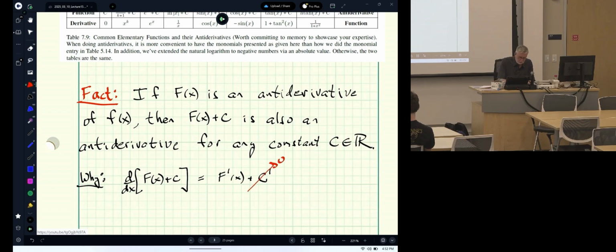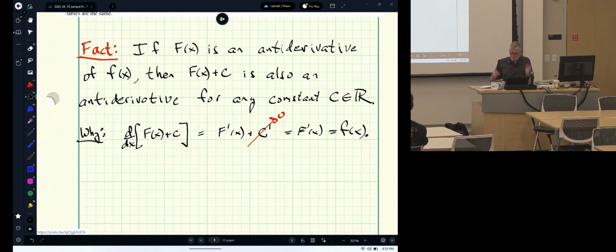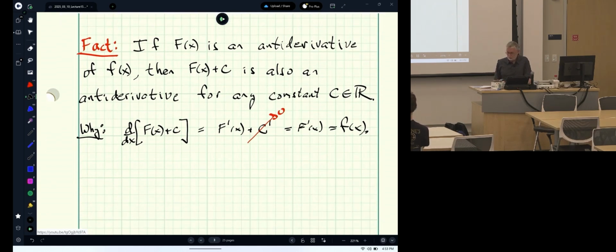That's 0. So it equals F prime of x, and that's f of x, because capital F was an antiderivative of lowercase f. Just because the derivative of a constant is 0.